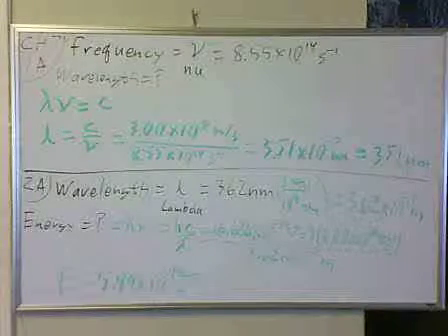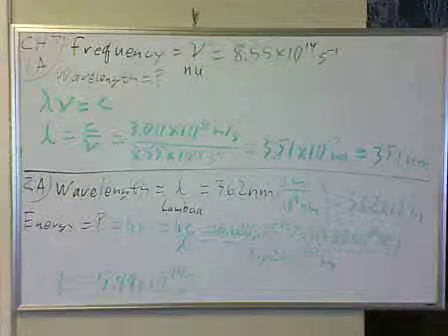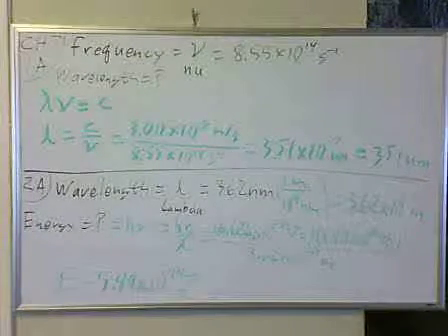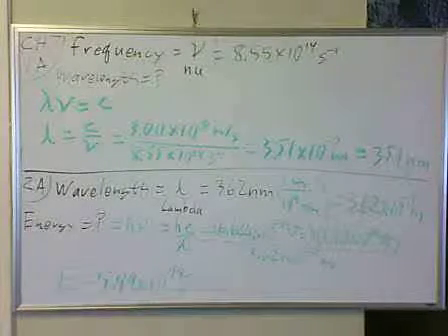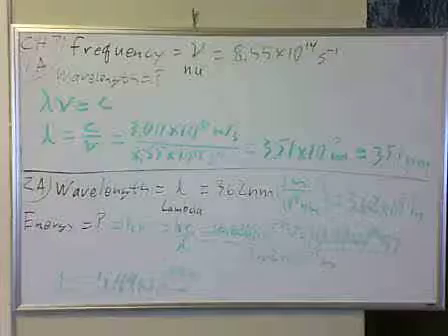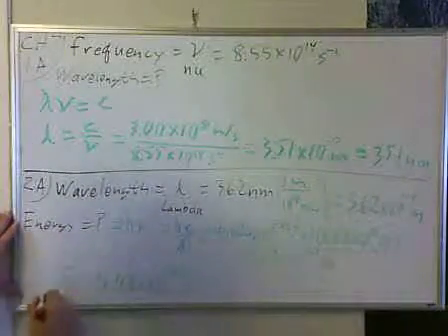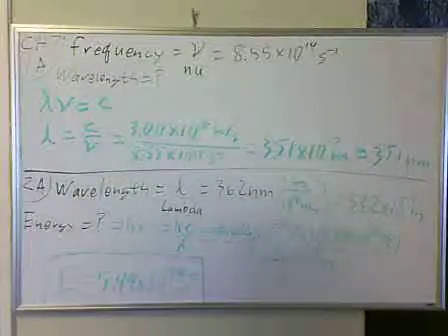Sometimes we might want to see it in terms of kilojoules per mole. To get kilojoules per mole, we're going to convert joules to kilojoules and then multiply by Avogadro's number. So this is a good answer for one photon.